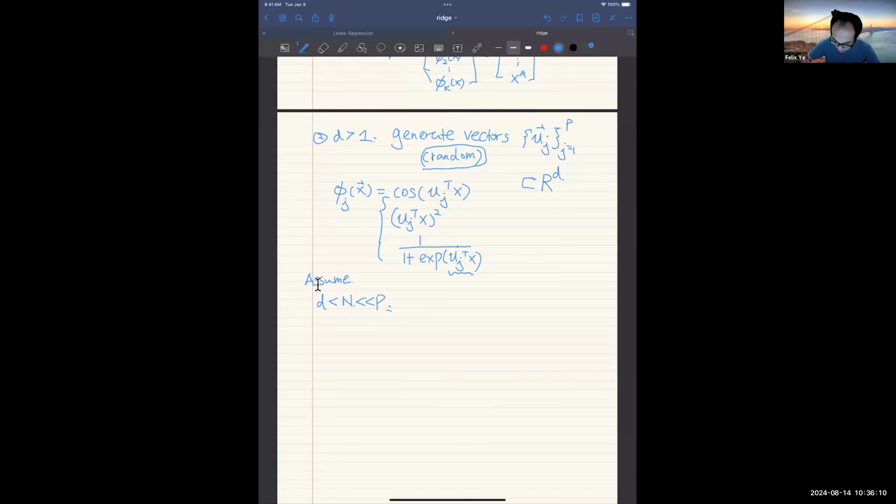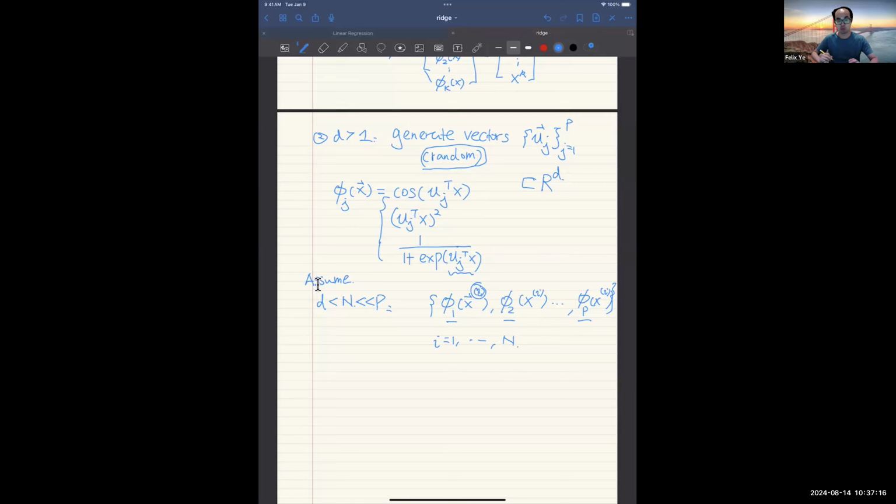So that means if we want to write out phi_j of x, for all these features, phi 1 of x_i, phi 2 of x_i, up to phi p of x_i. This has p components, but that's just for one i, and i can be from 1 to n.